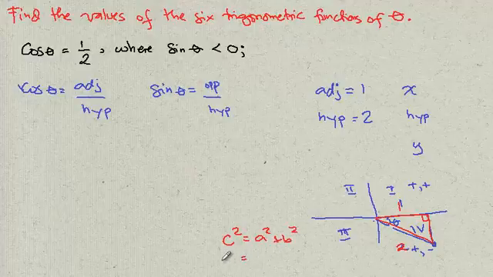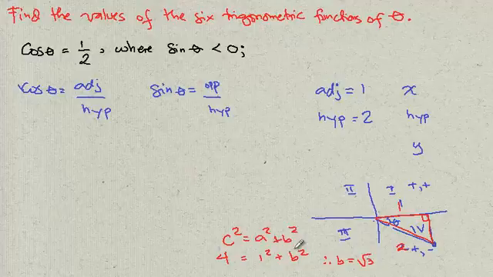We know that c is 2, the hypotenuse, so c squared, 2 squared, is 4. A squared is simply 1. And b squared is what we're looking for, that's the y here. So, clearly, b is just square root of 3.